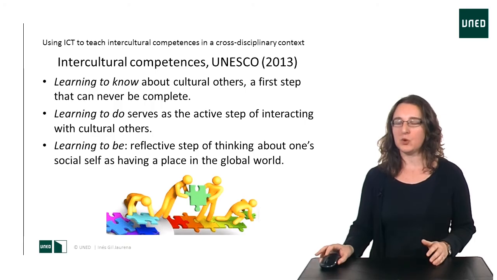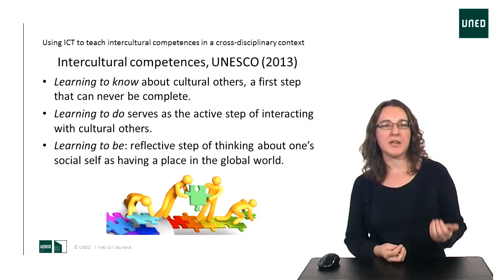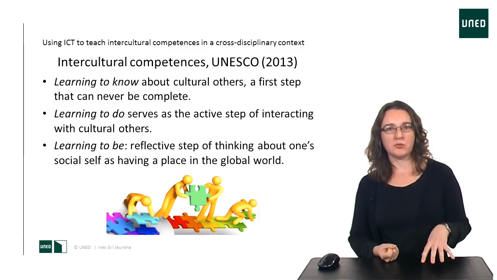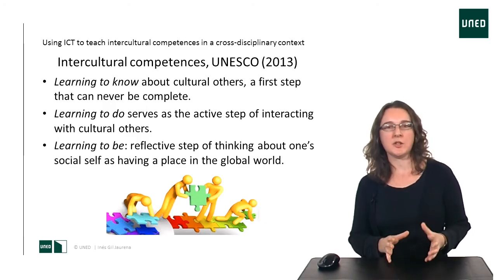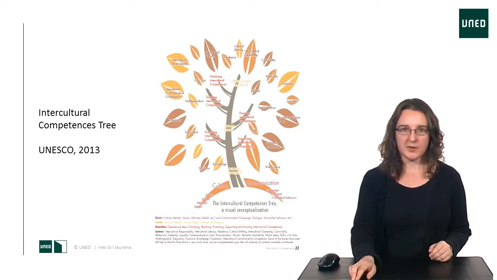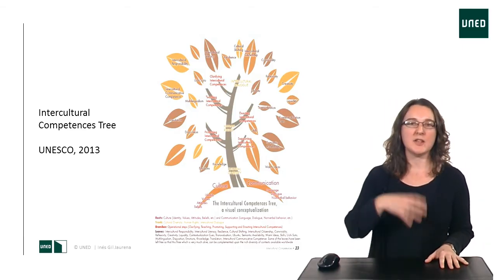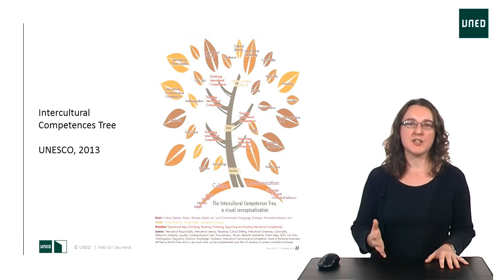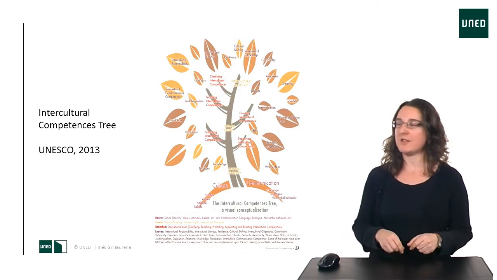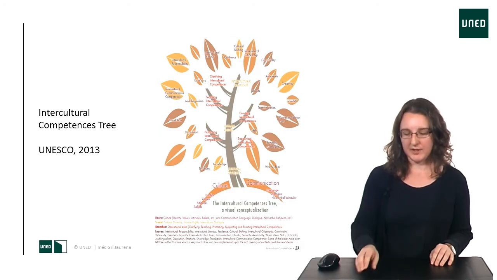And here it's important that they consider it as the reflective step of thinking and becoming aware of our own position or role or situation in the global world as global citizens. So these would be the 3 classifications, and also this is by UNESCO a visual presentation of competencies as a tree with some roots, some branches, some leaves, and you can find it in one of the references I will show you.